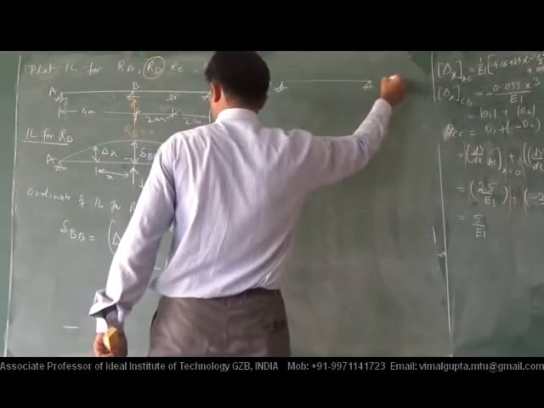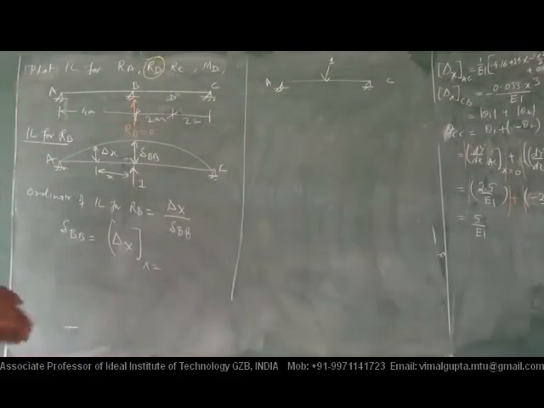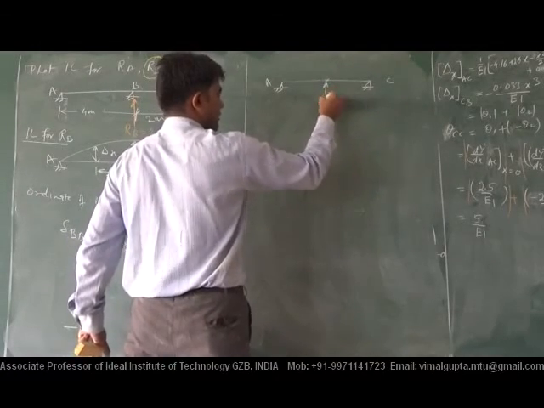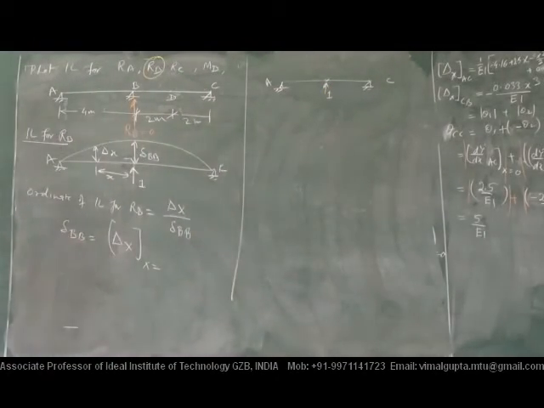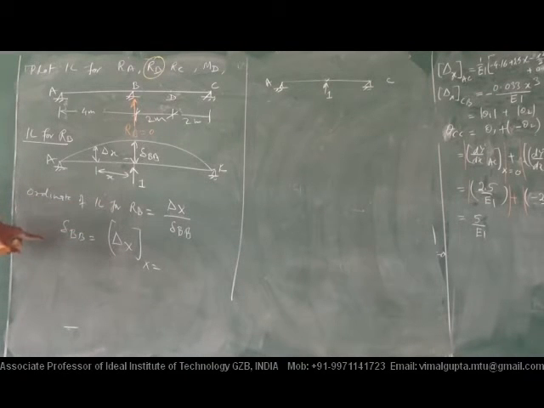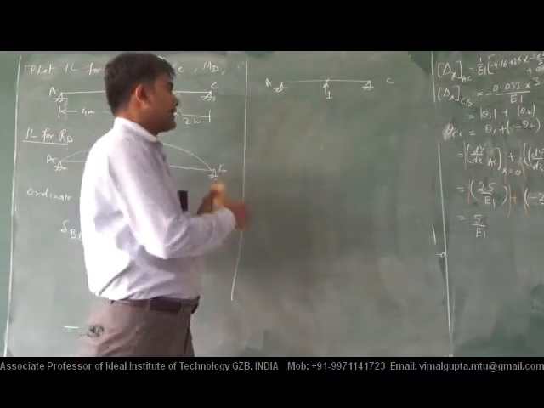This point is A, this point is C. If the load is here, 1, now from below this one load. What will be the reactions?